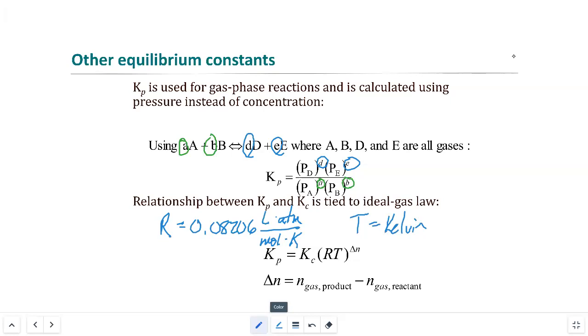One other important thing of note, if the number of gas molecules is equal on both sides, KC and KP are the same. Because if the number of gas molecules is equal on both sides, that means delta N is equal to 0. RT to the 0th power would be equal to 1.